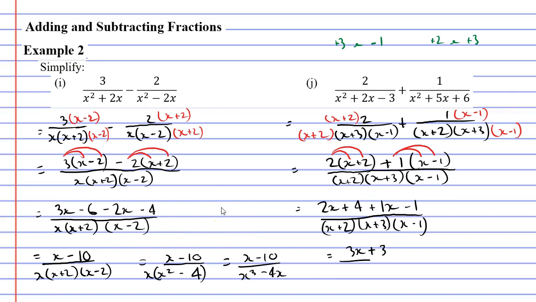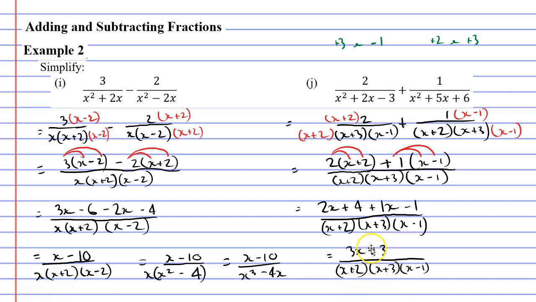And then I keep my denominator the same. x plus 2, x plus 3, x minus 1. Now I'm not going to expand this, and the reason I'm not going to expand it is it's not going to come out very nice if I do. So it's actually probably better that I leave it in this factorized form.